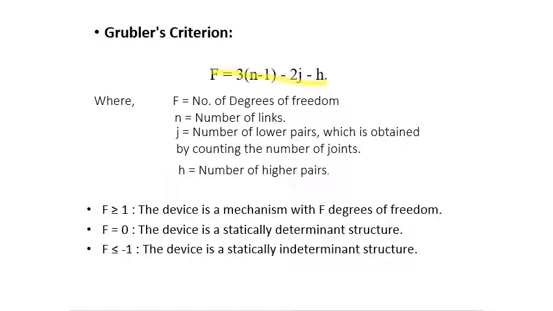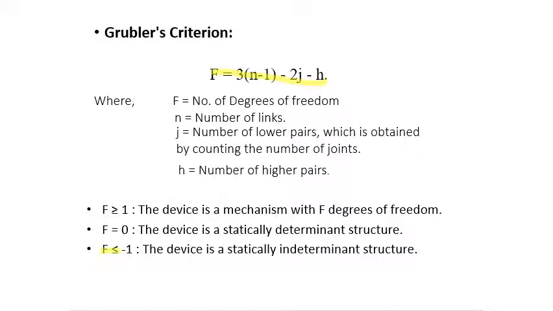First one is F is greater than or equal to 1. If the obtained number of degrees of freedom F is greater than or equal to 1, we call it a mechanism having F degrees of freedom. If the obtained value F is equal to 0, then we call the kinematic chain a structure, or statically determinate structure, which does not have any relative motion.